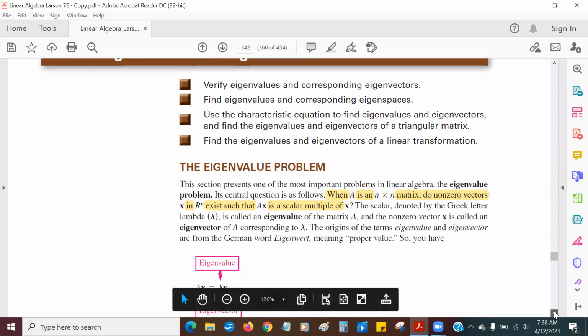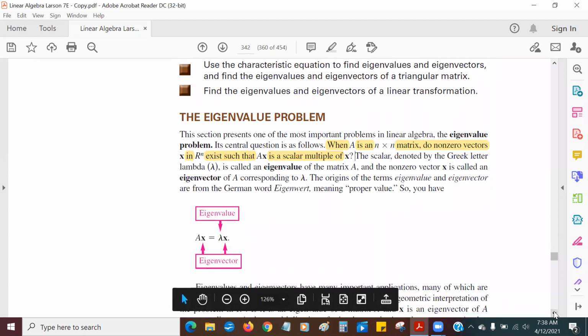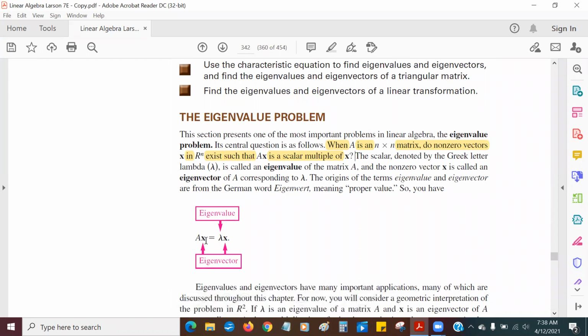Let's just see the words here now. A is the given matrix. We're starting with matrix A. X would be the eigenvector, meaning the vector which makes this possible. And lambda here would be the eigenvalue, because we said we want the product of the matrix and the vector to be a scalar multiple of the vector.